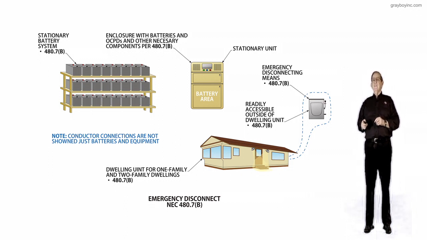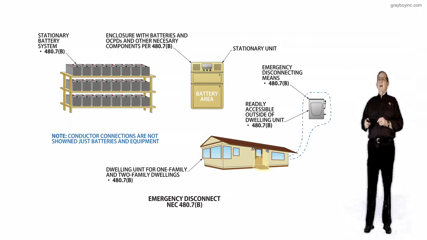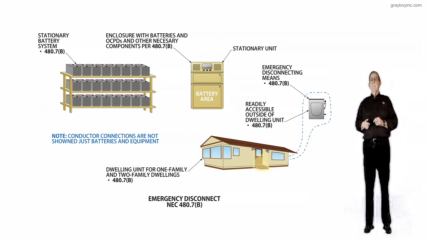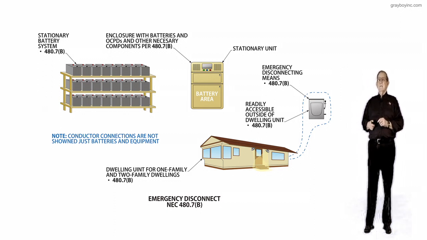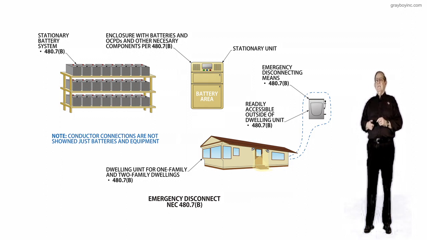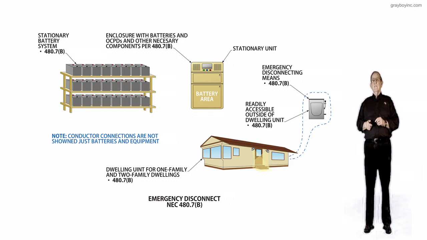The emergency disconnect that you see at the right and the dotted lines pointing toward the building is an emergency disconnect that has to comply with NEC 480.7(B). And thirdly, it has to be readily accessible outside the dwelling unit as outlined in 480.7(B).